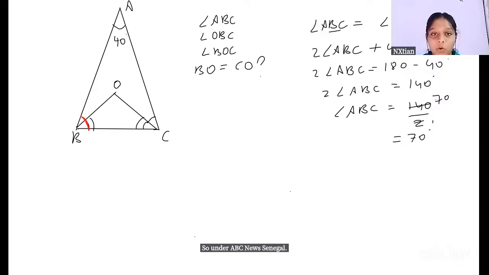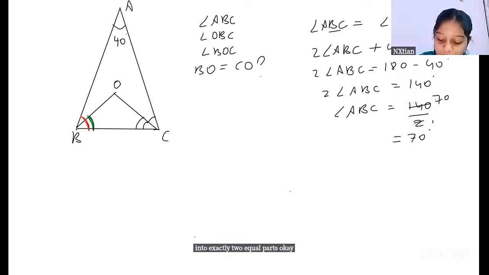Then we have OBC. OBC means which angle? This angle. So the whole ABC is how much? 70 degrees. And OB is the bisecting angle B. What I said about bisectors: when your angle is bisected, it will be divided into exactly 2 equal parts.